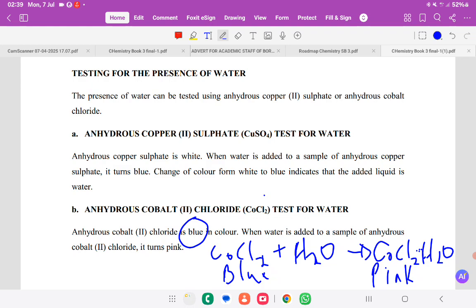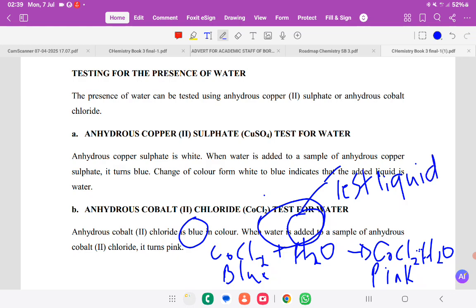If they ask you in an exam, explain how anhydrous cobalt chloride can be used to detect the presence of water in a substance, all you have to say is add water, or add the test liquid, to a sample. Remember, it may not always be obvious that it's water. It is a test liquid, the liquid you would want to check if it's water.